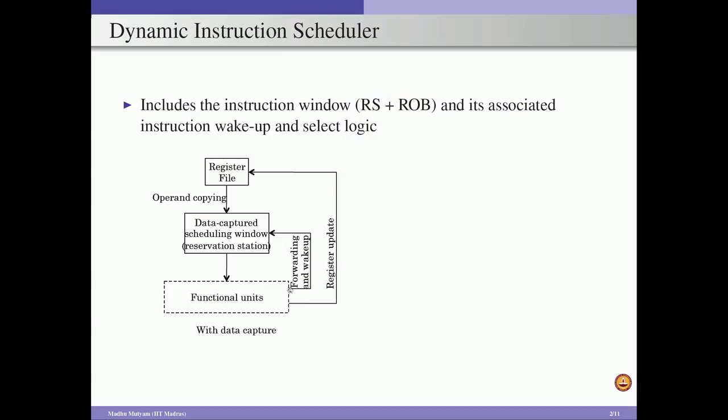And while we are forwarding this value from the functional unit to the reservation station, this also acts like a wake up logic for the entries that are stored in the reservation station. And in the case of forwarding the value from the functional unit to the register file, we are writing this value directly to the corresponding entry in the register file.